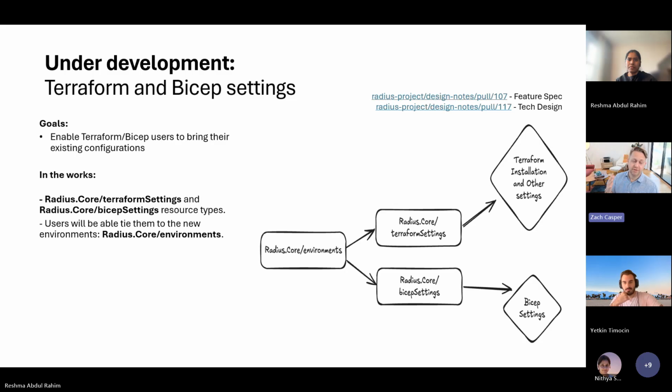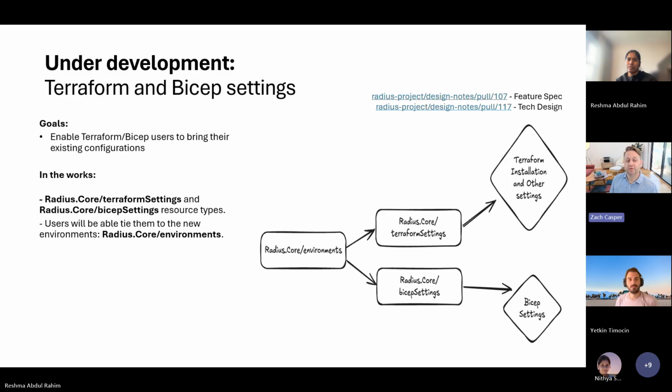This is all in the spirit of Radius trying to be unopinionated about what deployment tools are being used. We support Bicep and Terraform right now. In the fullness of time, we want to support others. I can imagine CloudFormation, Ansible, CRDs, Pulumi, who knows?